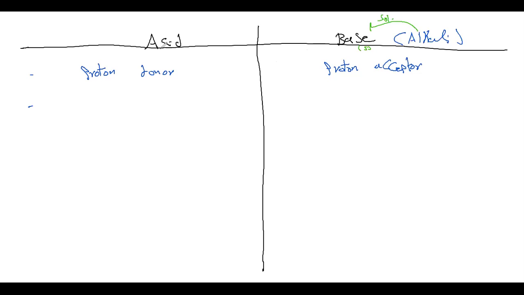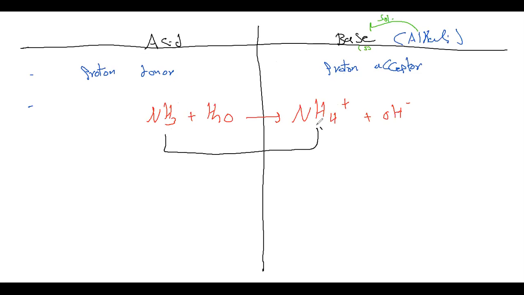So base, in case of solid, when it dissolves, forms alkaline solution. And then we said proton donor and proton acceptor. For example, if we have NH3 plus H2O to form NH4 positive plus OH negative. In this case, NH3 changed to NH4 positive. So it gained H positive. This means that it is a proton acceptor.